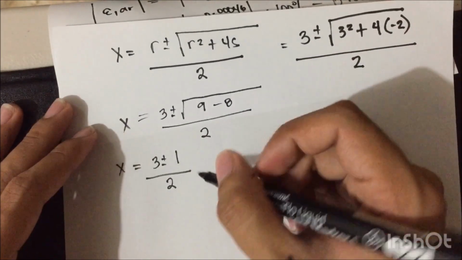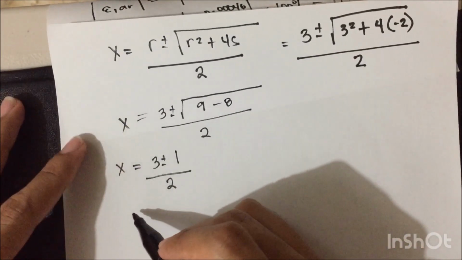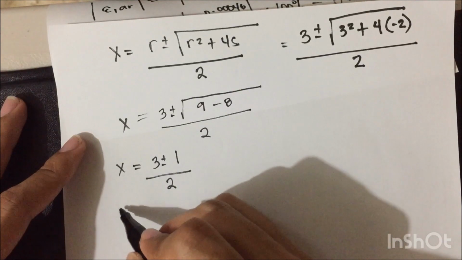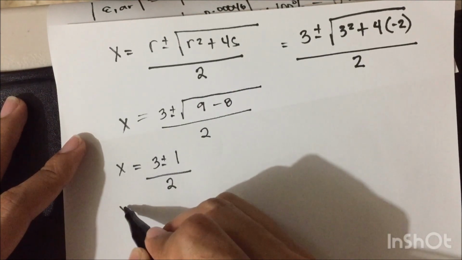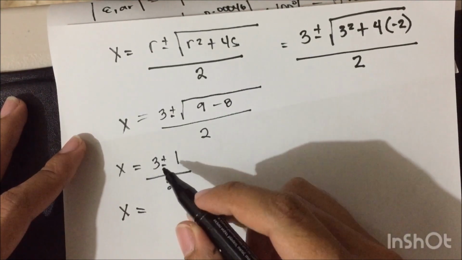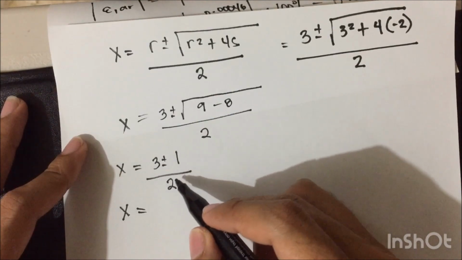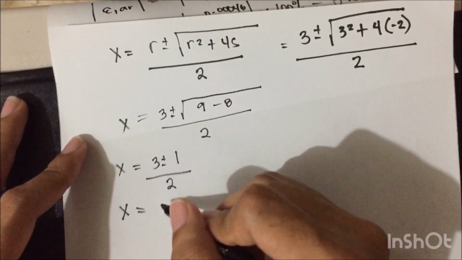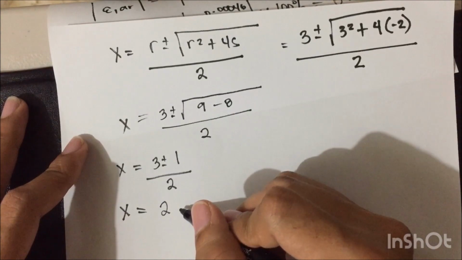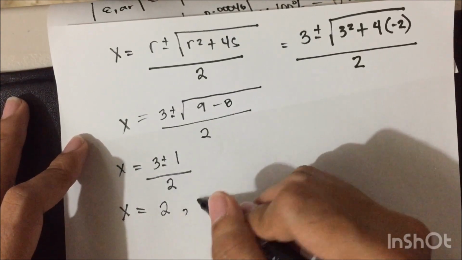So yun guys, makuha natin dito yung dalawang value ng roots natin, which is 3 plus 1 plus 4 over 2, which meron tayong 2 at meron tayong 1.